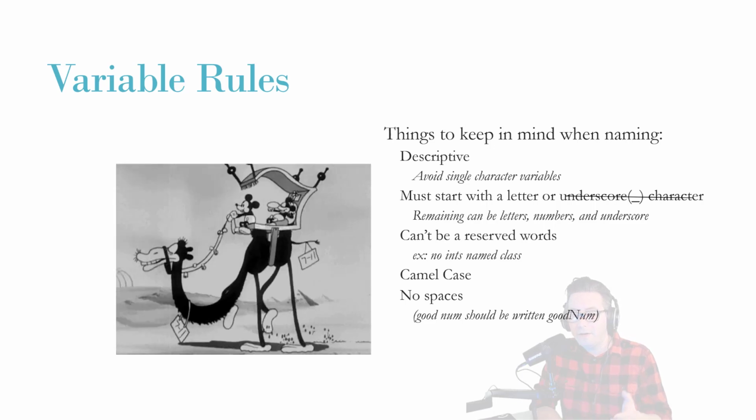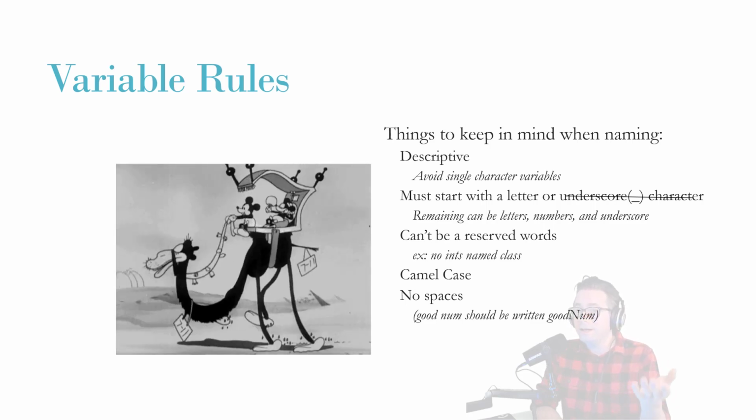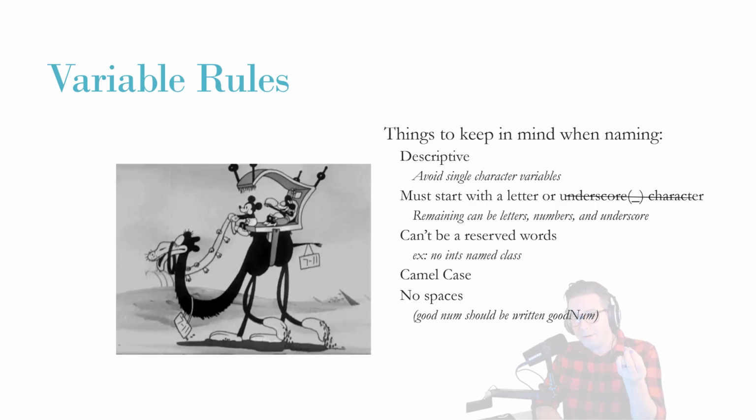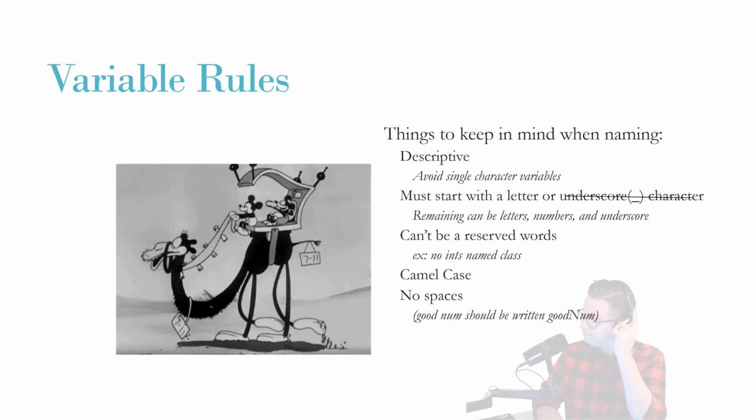We have good num, and we want that to be a variable, but there's a space in there. So Java would think that that's two variables. So one thing that we could do is make it camel case. That means we remove the space and the first letter of the second word is capitalized. That's why it's goodNum right over there, right?